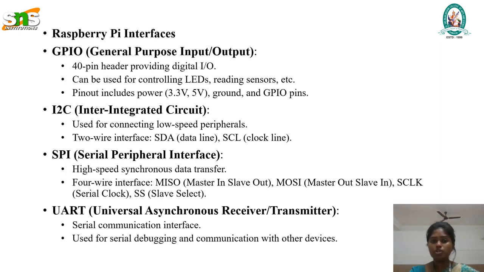MISO means master in slave out, MOSI master out slave in, SCLK is serial clock, and SS slave select. UART means universal asynchronous receiver and transmitter, a serial communication interface used for serial debugging and communication with other devices.